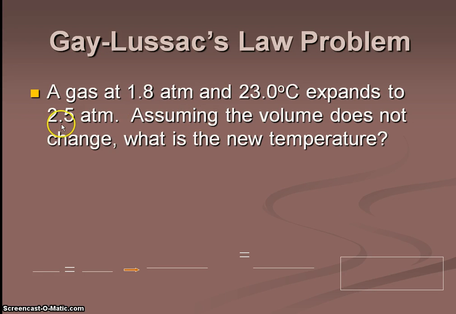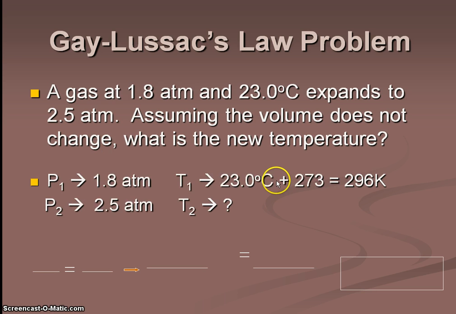We're going to get a new pressure, so now we have 2.5 atm. And assuming the volume doesn't change, that tells us we can use this equation. What is the new temperature? So these are our variables. We've got an initial pressure and a final pressure. We have an initial temperature, and we're looking for that final temperature.